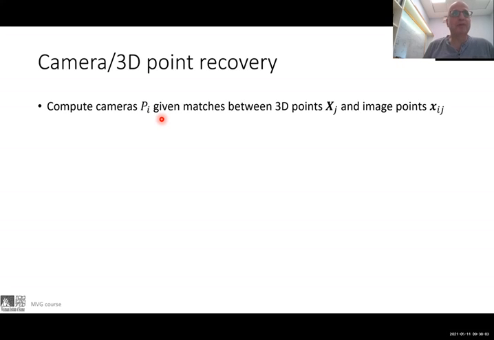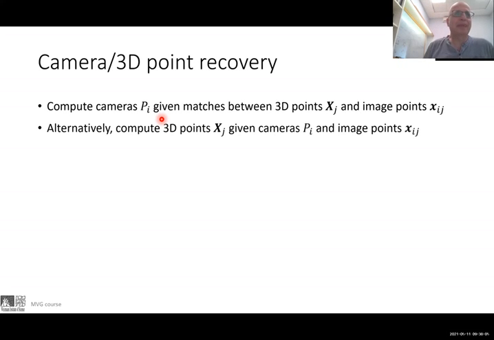And the second problem, which is almost identical, is when we know the camera Pi and we have the projections of the point xij, and we want to compute the scene, capital Xj.